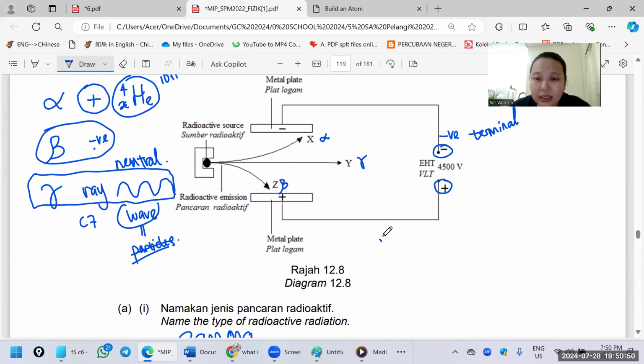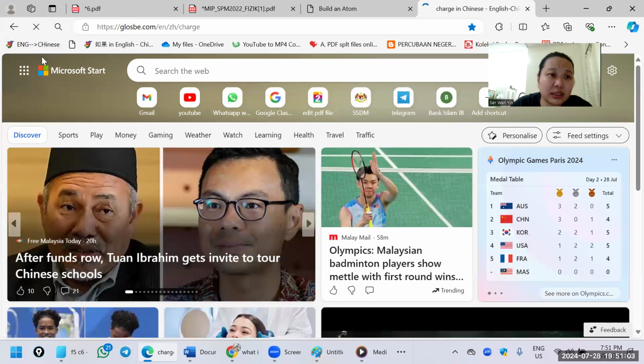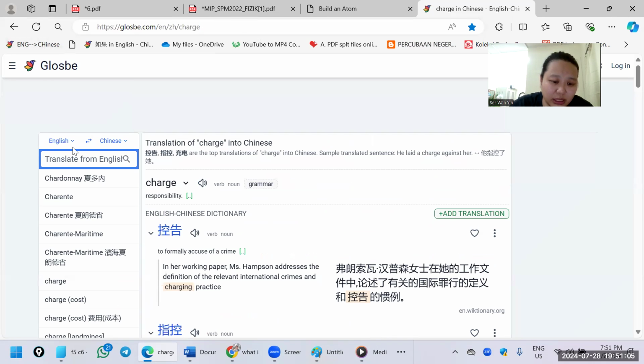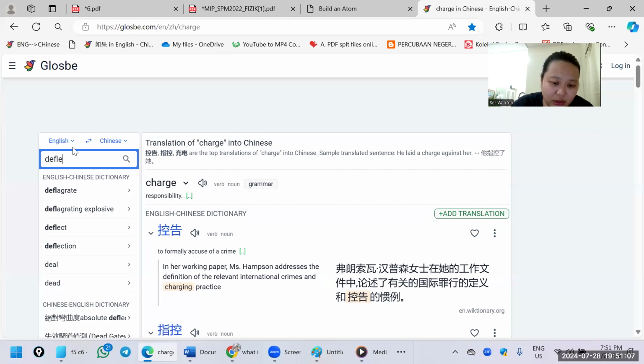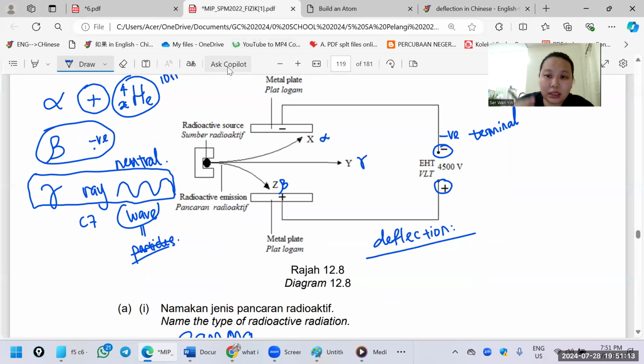Deflection. What's the meaning of deflection? Okay, deflection means it will be, I forgot the English word. In Chinese, deflection is 偏向偏转, means it will bend.